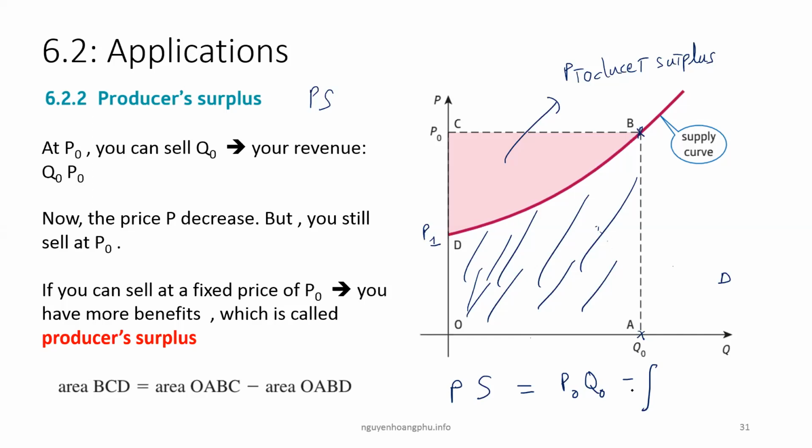It will be minus the integration from 0 to Q0 of F(Q) dQ, in which F(Q) is the supply function.